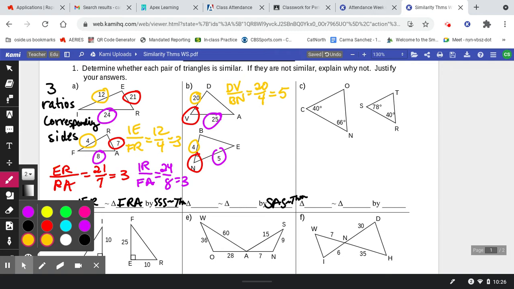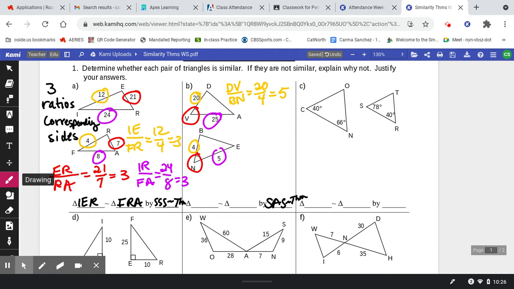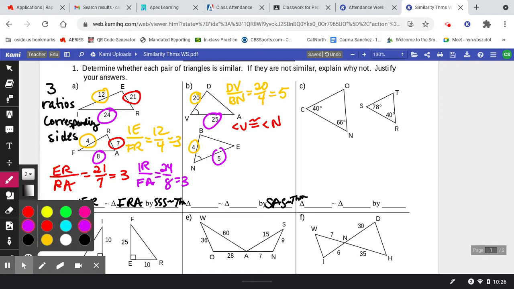Then we've got the other red is an angle. We can say angle V is congruent to angle N, and that was given in the image. And then finally, we could talk about the next side ratio, VA compared to NE, and that would be a 25:5 or a 5.